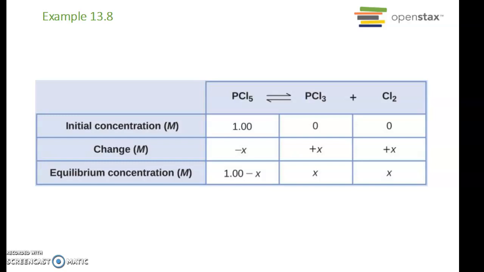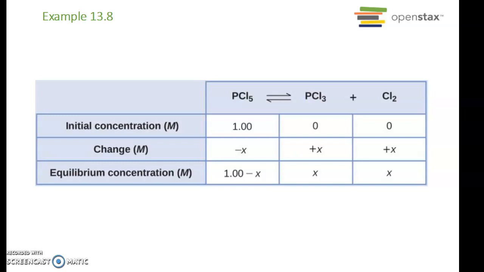When you work this problem, the example that they have is 13.9, and this is on page 756. The K value here, they give you in that example, is 0.211.